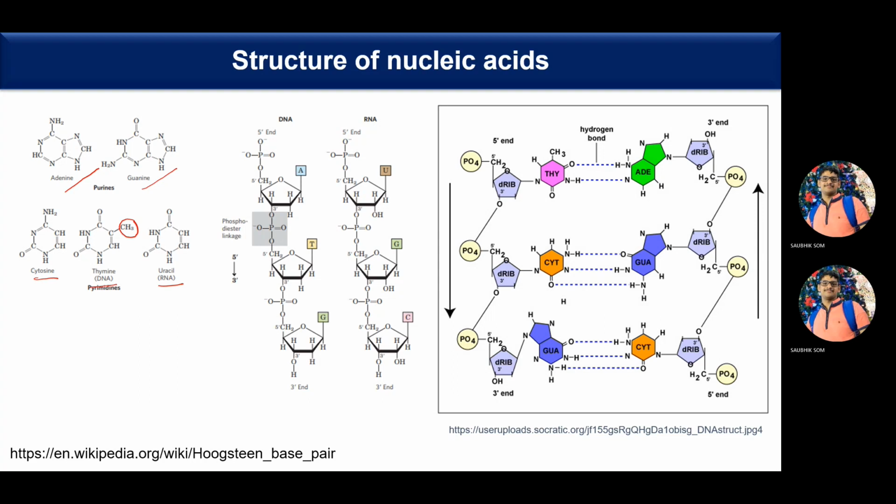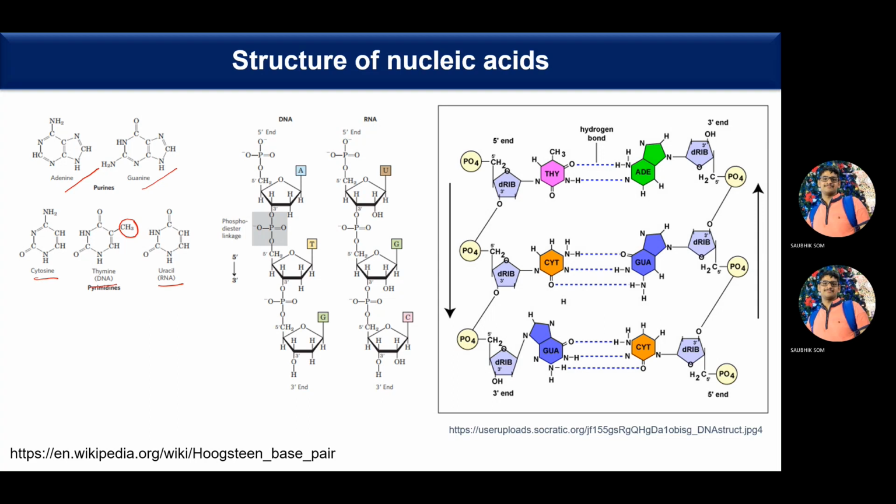These nucleotides form phosphodiester bonds when forming DNA or RNA. These are all nitrogenous bases, and you can see adenine.